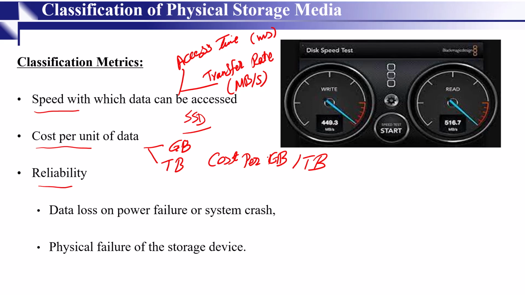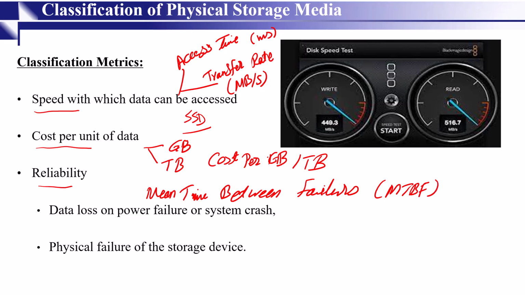So the key metric that we use here is mean time between failures, MTBF, and we may also use error rate.